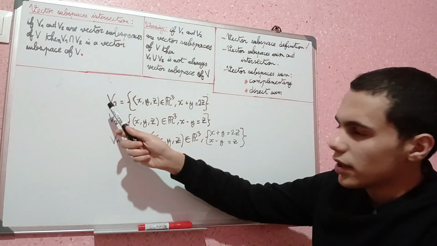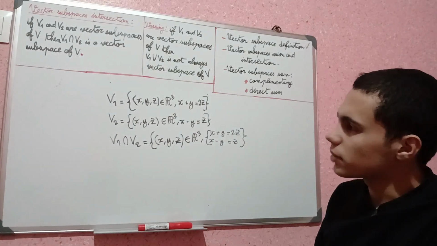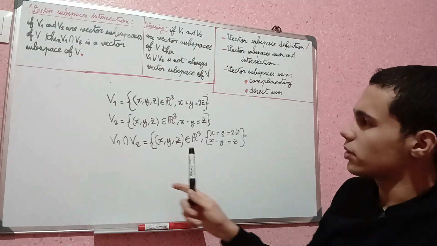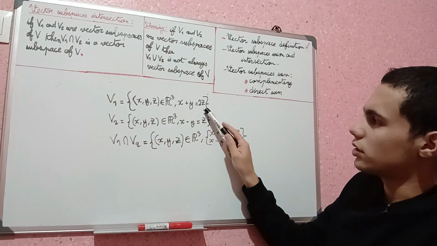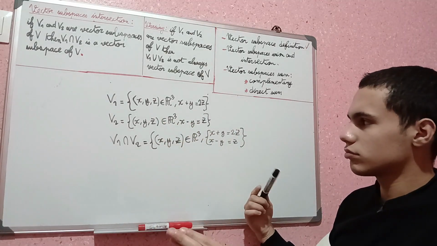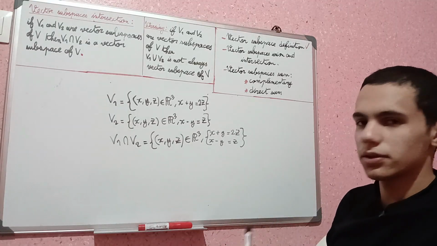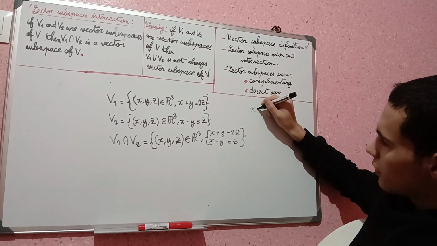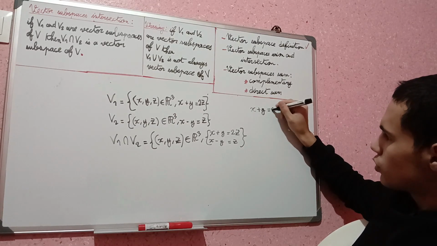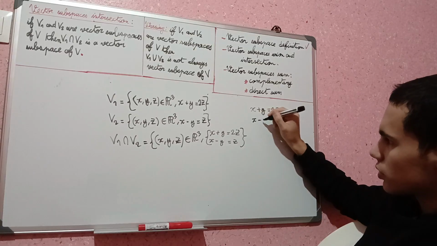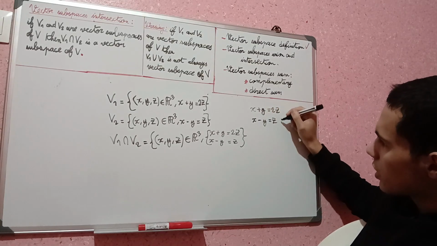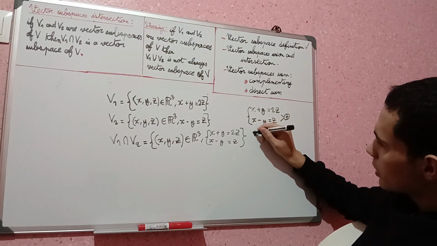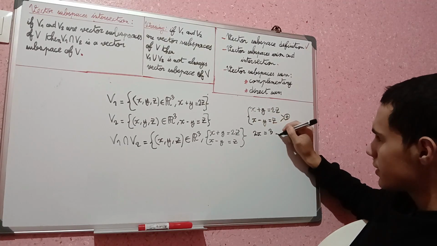Take this example. We have V1 and V2, two vector subspaces of R cubed. Then the intersection of them would be just this, where the conditions are both verified. From this we can simplify it a bit. We have x plus y equals 2z and x minus y equals z. You can add them together, you get 2x equals 3z.